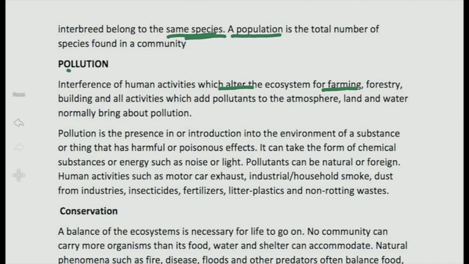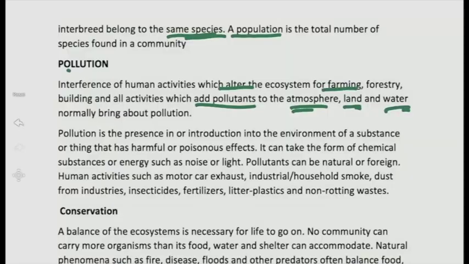And then we are saying interference of human activities which alter the ecosystem for farming, forestry, building, and all activities, which will add pollutants to the atmosphere or to the land and water, will then normally bring pollution. As you can see, these three words that I have underlined, we have pollutants that will affect the atmosphere, which means we are talking of air pollution.